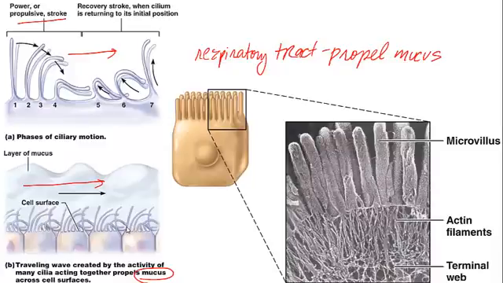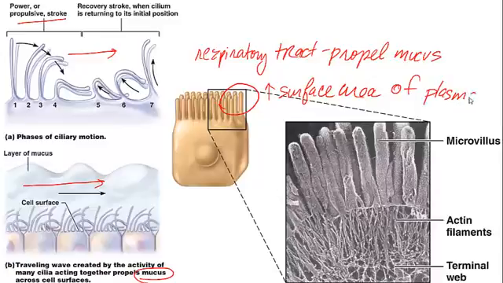Now, the microvilli are something a little different. The microvilli are important because they are going to increase the surface area of the plasma membrane. And what this does is it allows for more absorption of molecules across the plasma membrane.